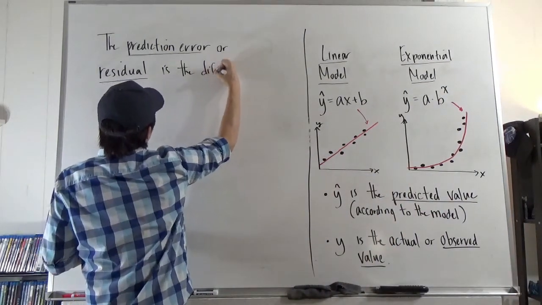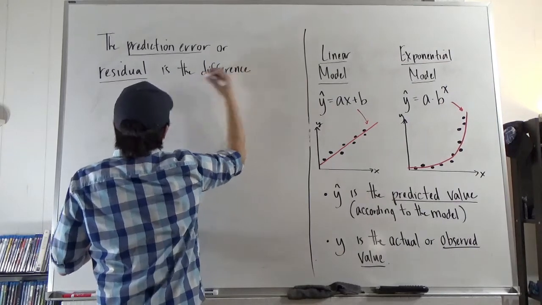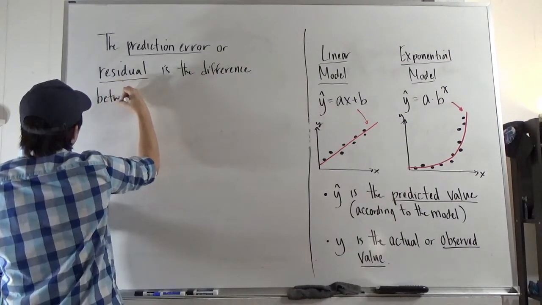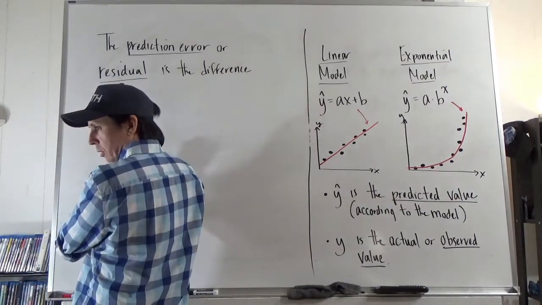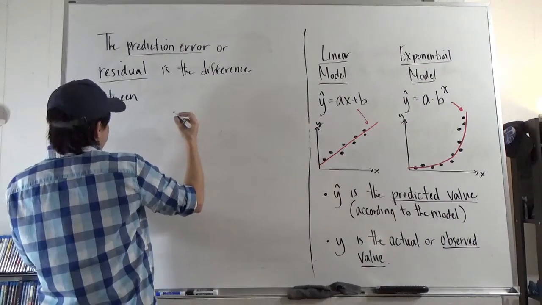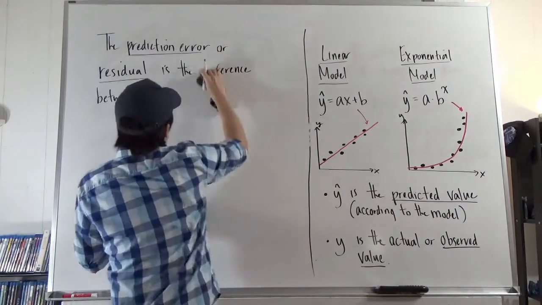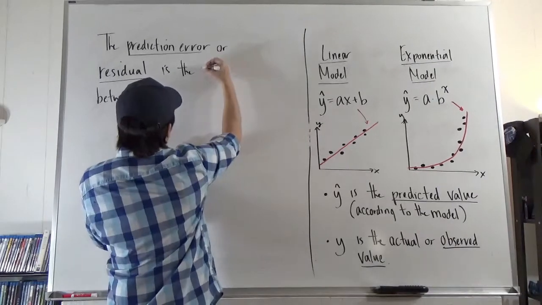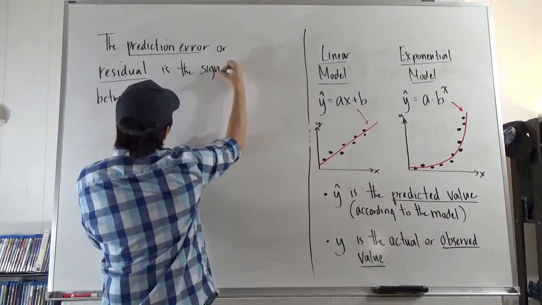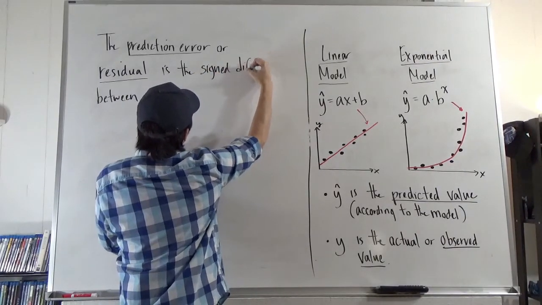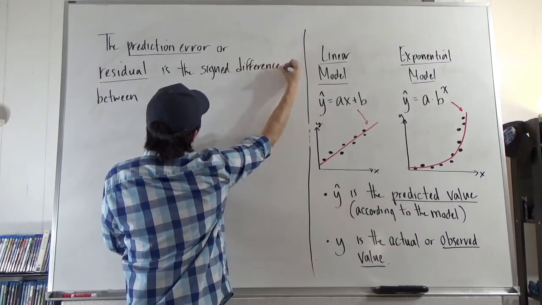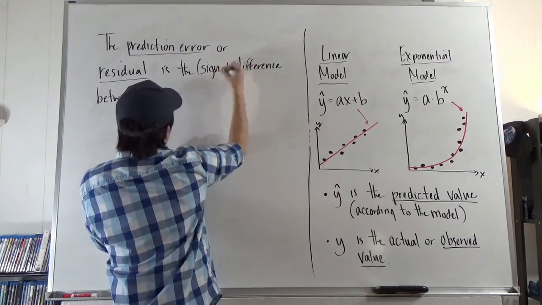It is the difference. I didn't put signed in my notes, but I'm going to put it here because I do want to emphasize it can be negative or positive. I'll put it in parentheses.